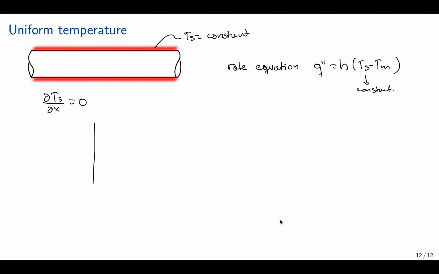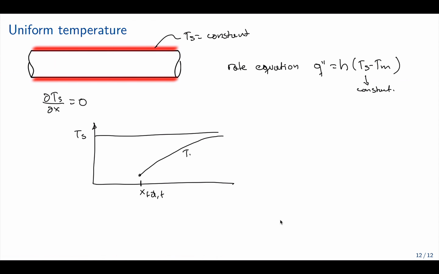So for our fluid, if I plot, this is the temperature at the wall. This is X at thermally fully developed flow, and then the mean temperature will start to increase from this point asymptotically to the temperature on the surface.